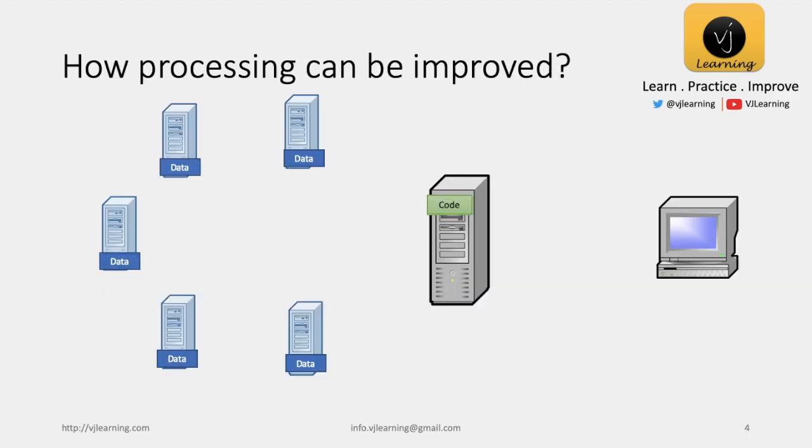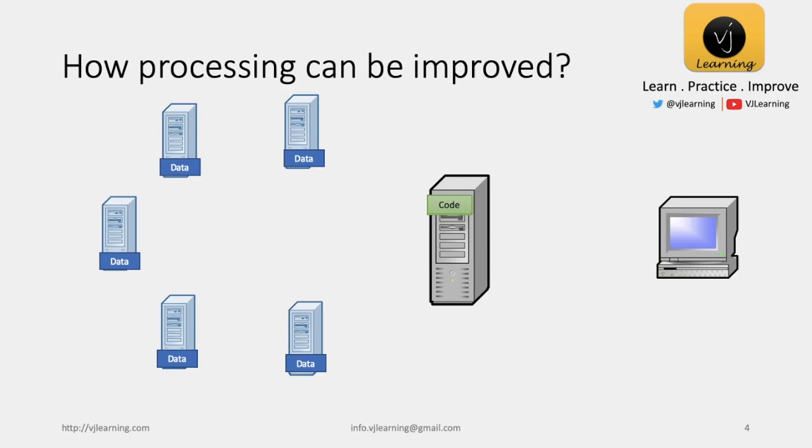In the initial days, when we started dealing with a lot of data, a concept came out called master-slave architecture, where there is a master server which has a code base, and there is a list of slave machines which usually also have a small piece of work.